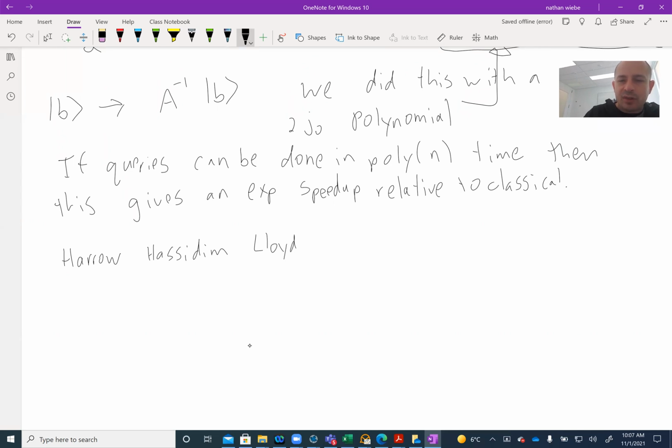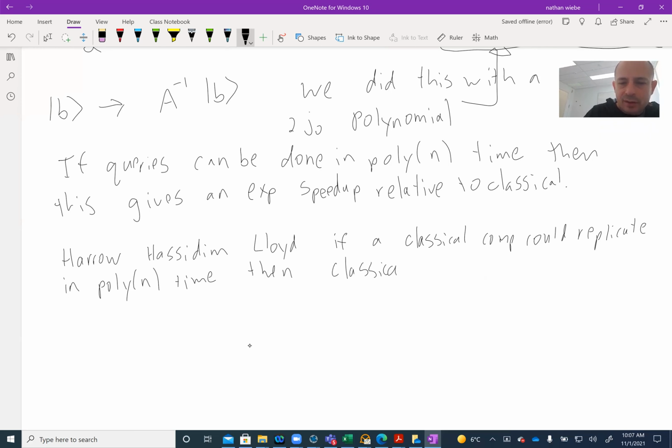But they end up showing that if a classical computer could replicate this in poly n time, then classical computing is polynomially equivalent to quantum computing.